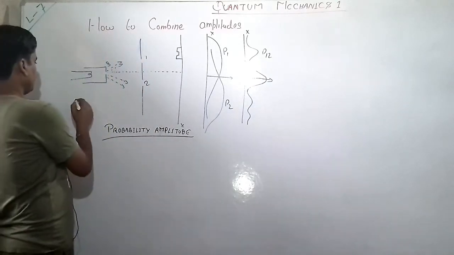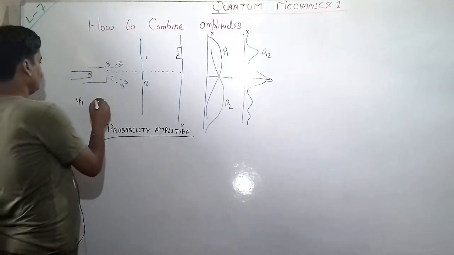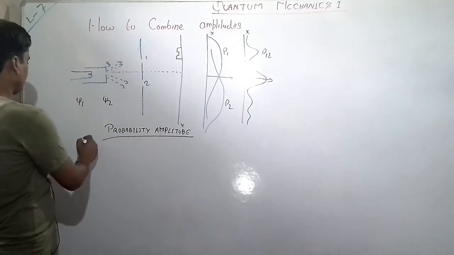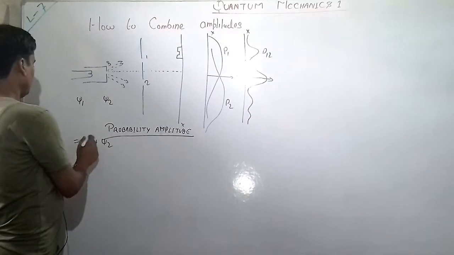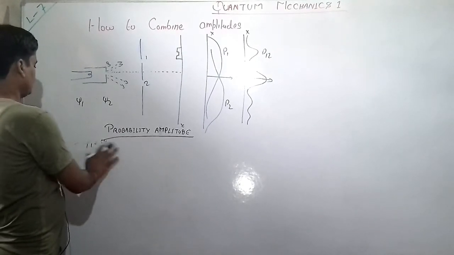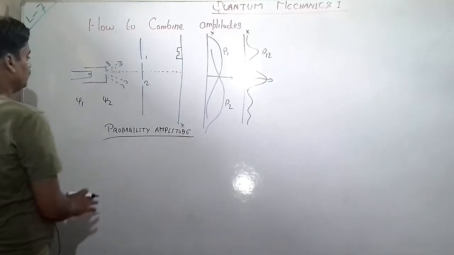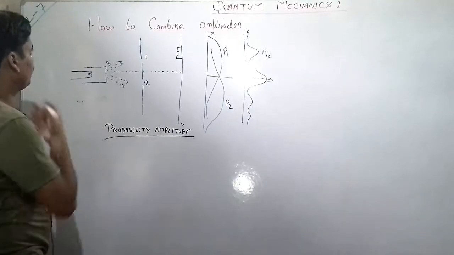So if psi 1 is probability amplitude 1 and psi 2 is probability amplitude 2, then we can combine psi 1 and psi 2, and this linear combination is also a valid probability amplitude. So how do we combine probability amplitudes?